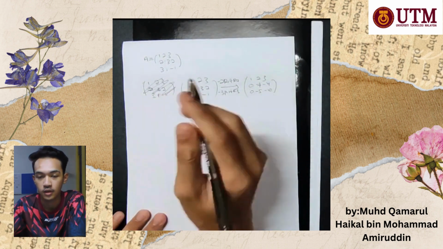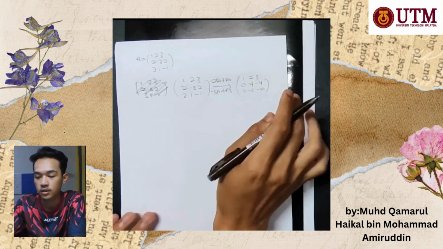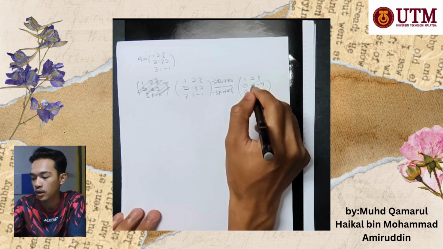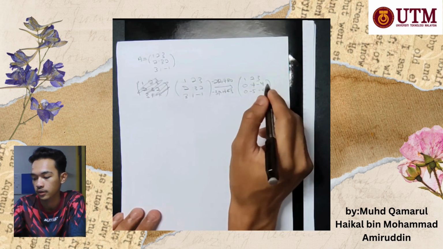Next, in row 2, we want negative 7 to become a 1.